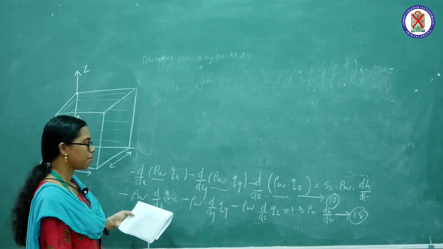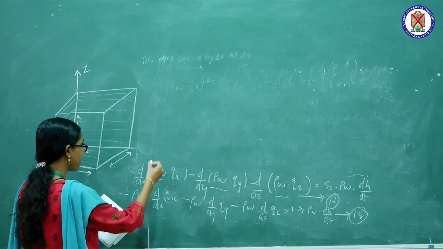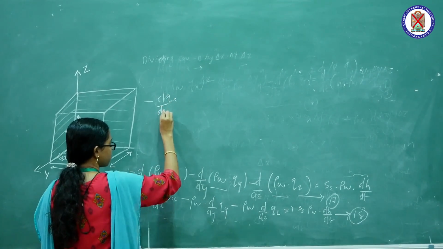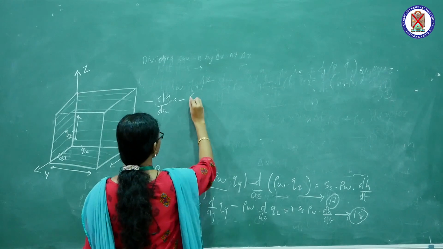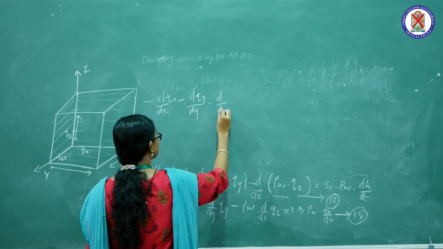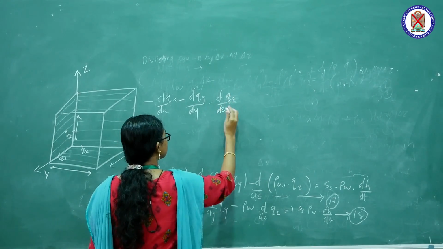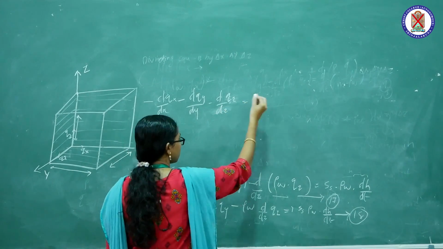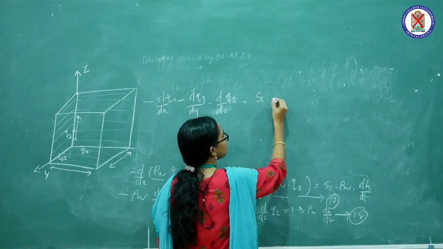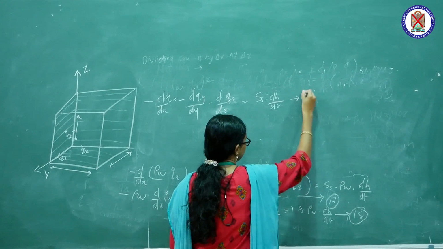So we are eliminating rho w from equation number 18, and we get a simplified equation like minus d by dx of qx minus d by dy of qy minus d by dz of qz is equal to specific storage into dh by dt, with rho w neglected. This is equation number 19.